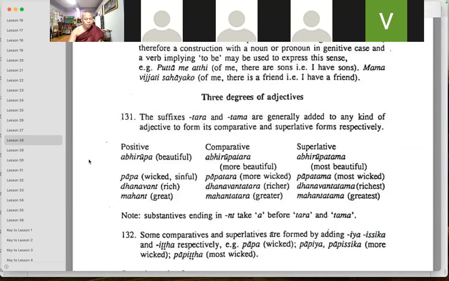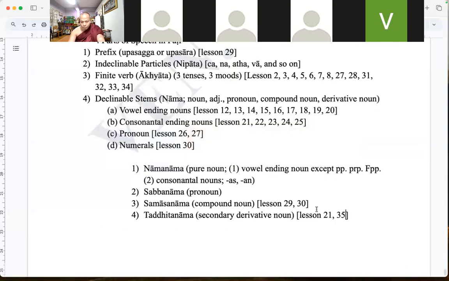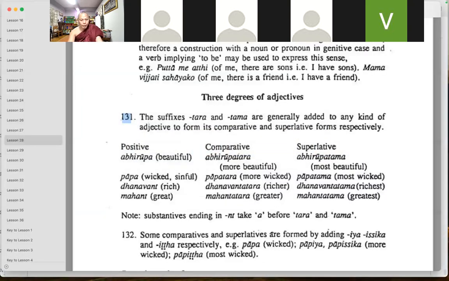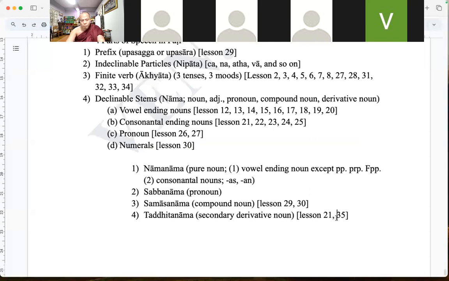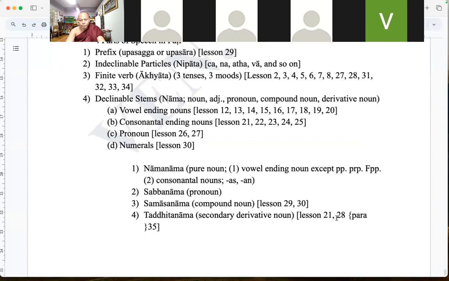So that is why this lesson, this information, paragraph number 131, is also talking about the secondary derivative. So 28. Paragraph number 131.